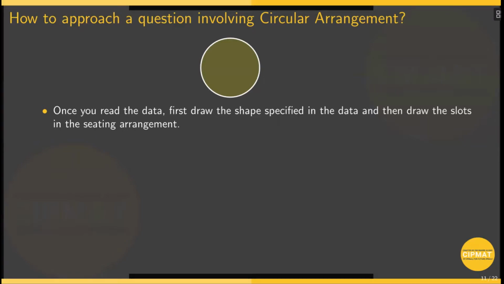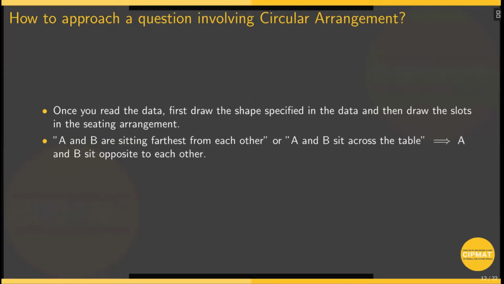Let's say there are 6 people involved, so 1, 2, 3, 4, 5, and 6. In this manner, you can put in all the 6 people, and then you draw the slots in the sitting arrangement. According to whatever information is given, try to represent them in this circular pattern.